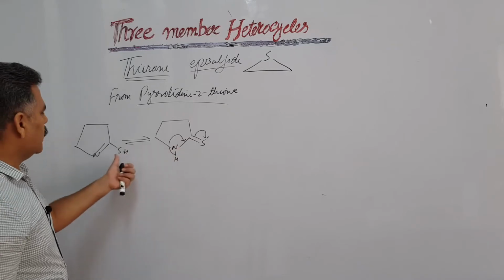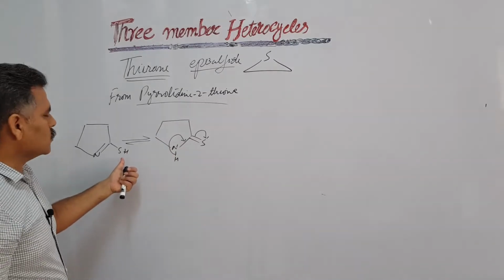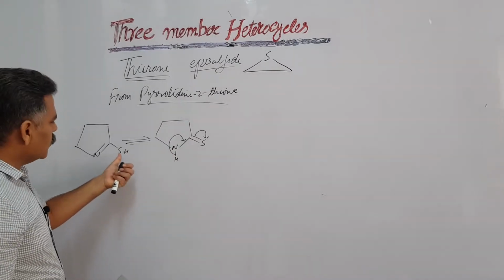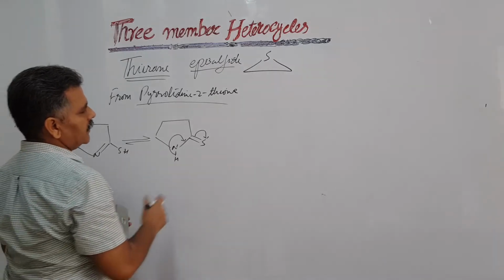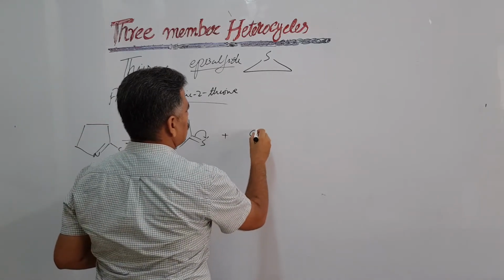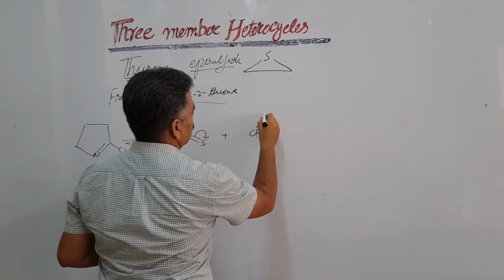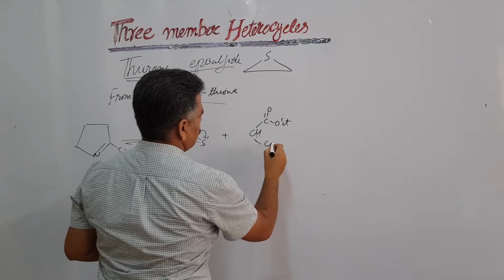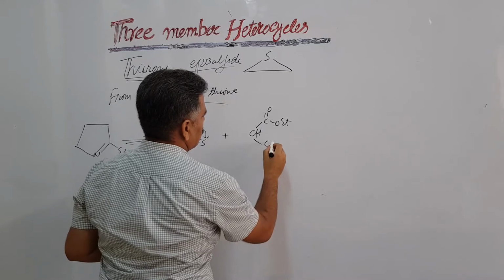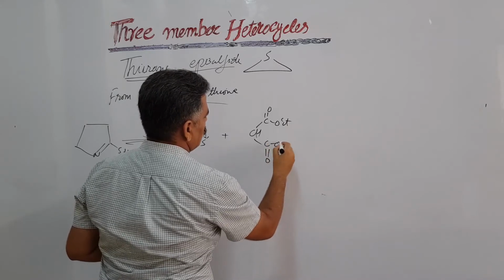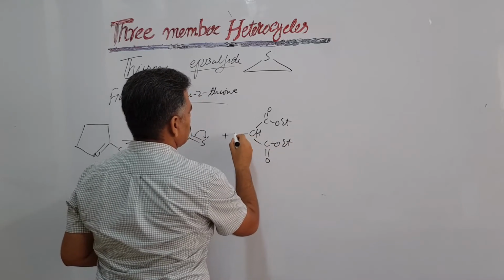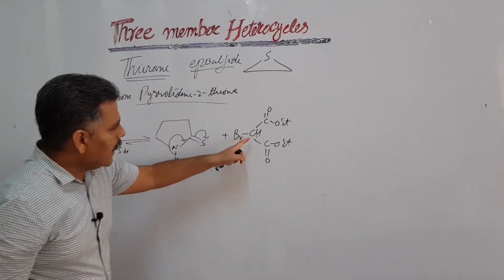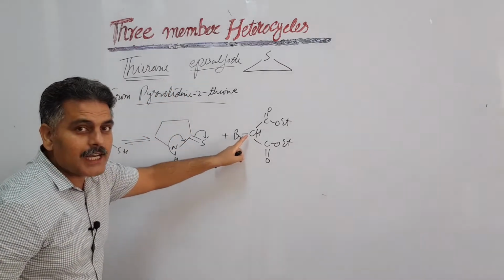So you can write the tautomeric structure of the thione here. So this as such is nucleophilic in nature. It reacts with alpha bromo diethyl malonate.